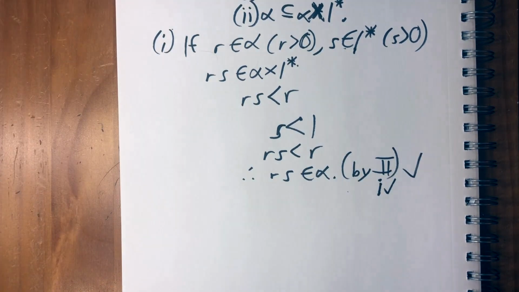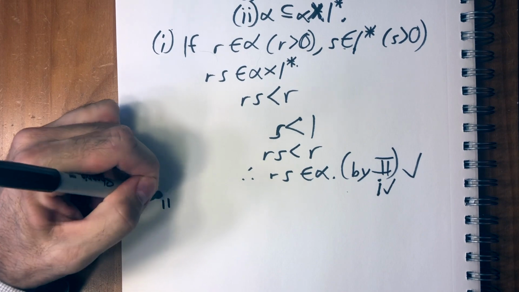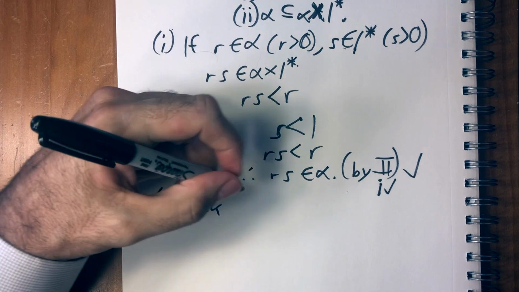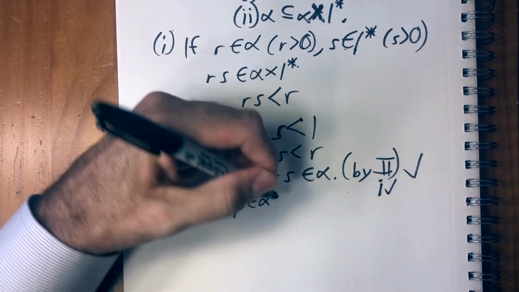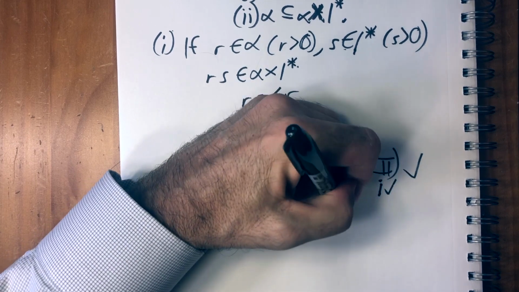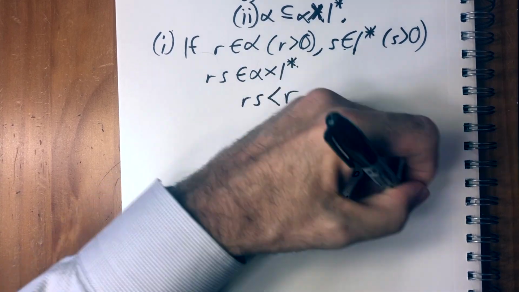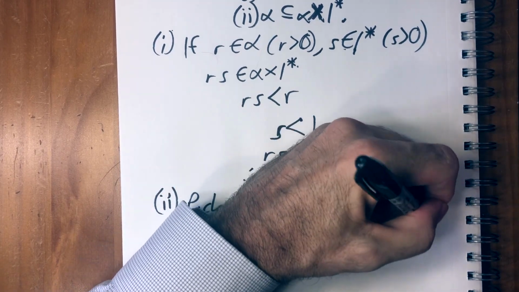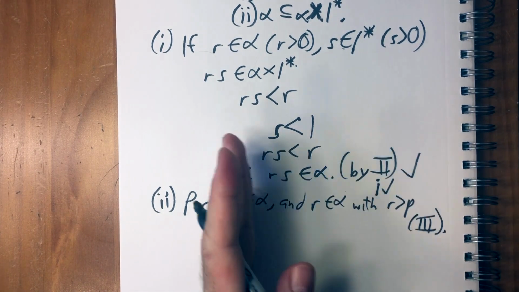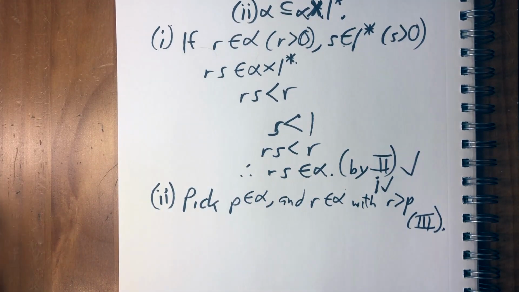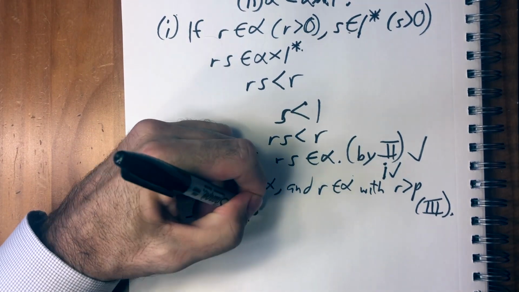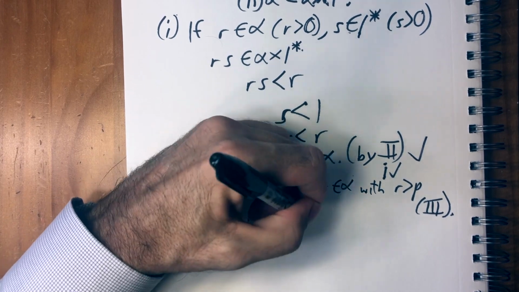Right here. So now to do the other inclusion, pick P an element of alpha and R an element of alpha with R greater than P. This is 3, right? Whatever P is, find an R that's bigger than P but still in alpha. Then P divided by R is an element of 1.